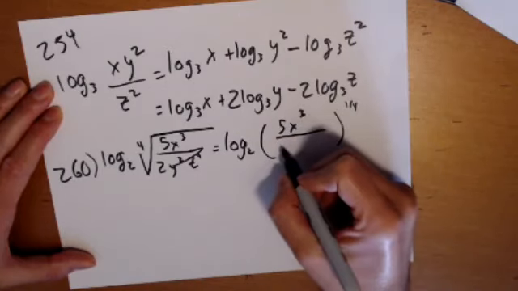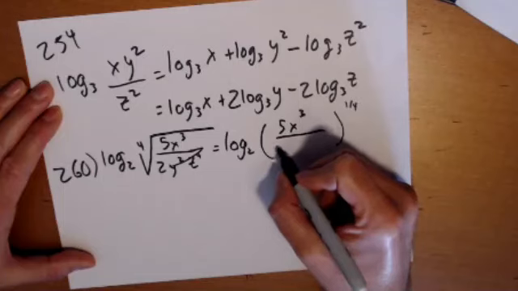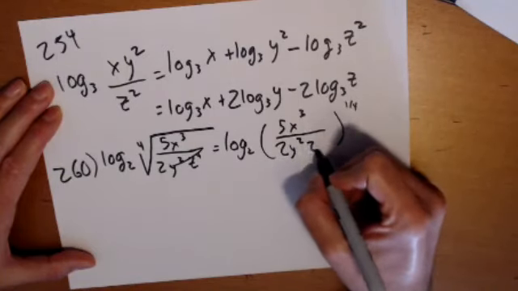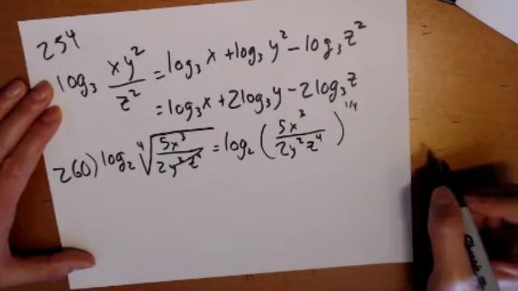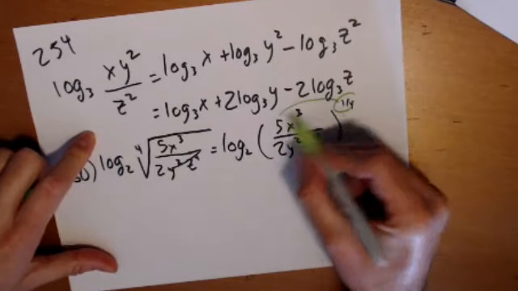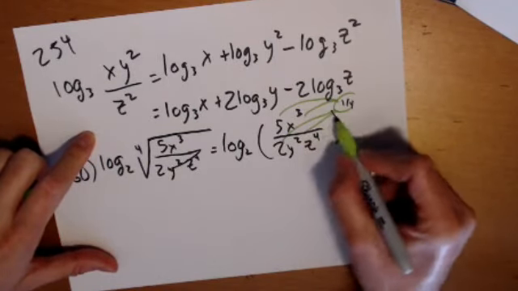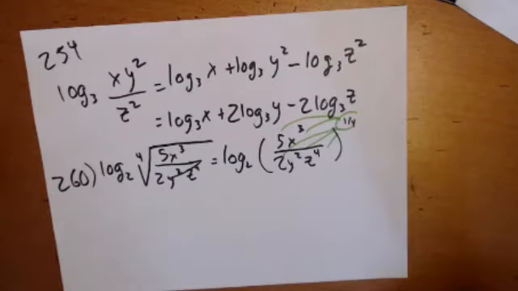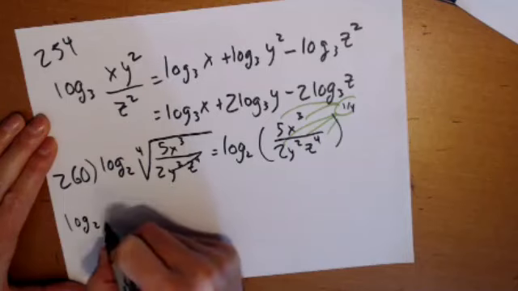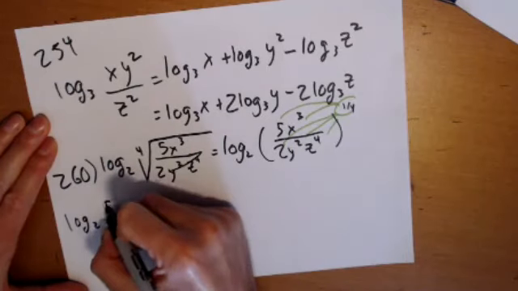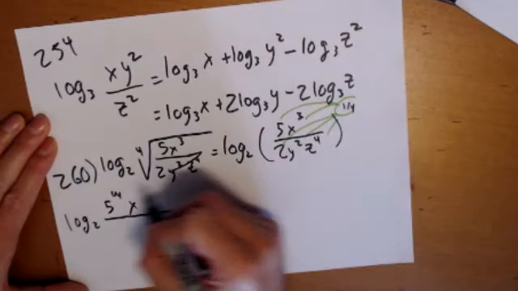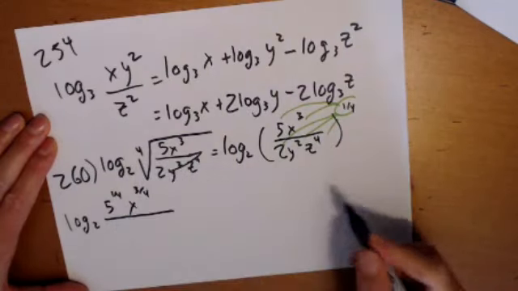So let's rewrite this as log base 2, all of this to the 1/4 power, 5x cubed over 2y squared z to the 4th. And then let's do that little 1/4. The 1/4 multiplied by each power. So that's going to give me log base 2, 5 to the 1/4, x to the 3 times 1/4, 3/4.